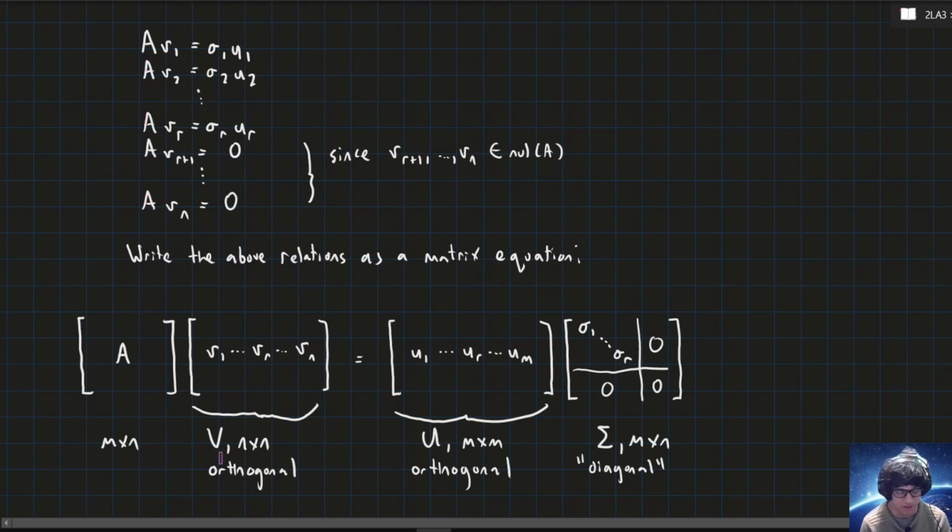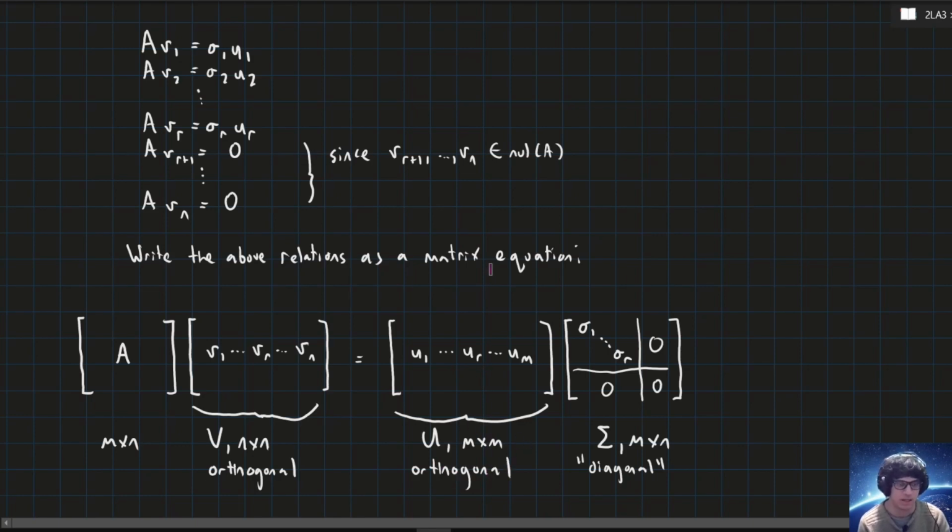We're going to call it V, and it's going to be n by n orthogonal, since we're assuming the V's are orthonormal. That comes from these guys here, and it's going to equal U, an m by m orthogonal matrix.